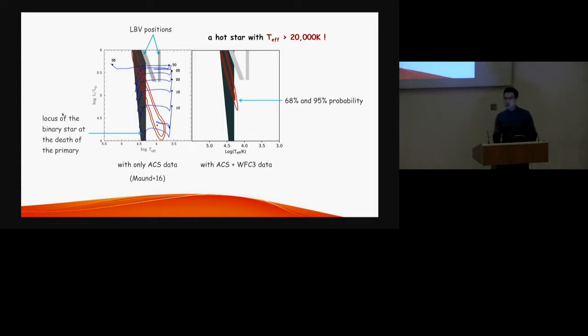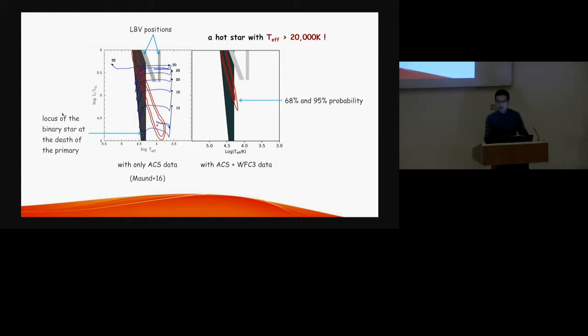And also very interestingly, despite this complication of changing extinction, our new data points can still provide very useful constraints on the properties of this binary companion. Here I show again the previous fitting result based on the optical data from ACS.